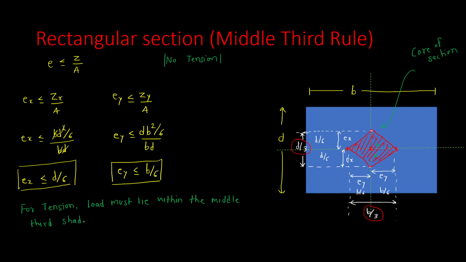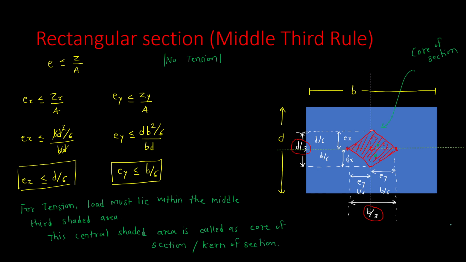This central shaded area is called the core of section, or sometimes it is also called the kern of section. So both things are the same.